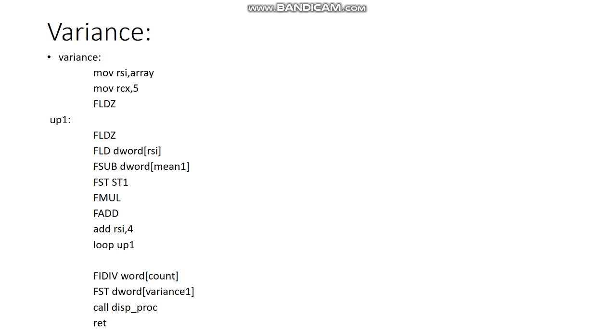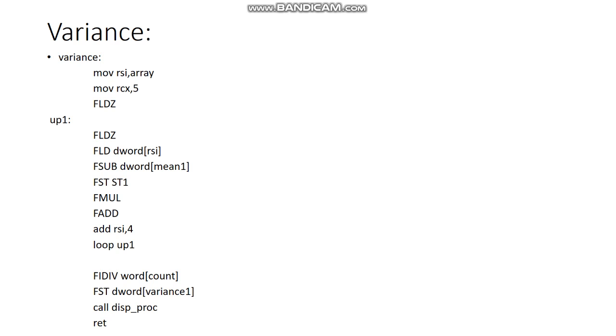Then we have loaded the value of RSI. As RSI is pointing to the array, the first value of the array is loaded on top of the stack. Then we are subtracting the mean value, which was already calculated in the first video, from each and every data point.